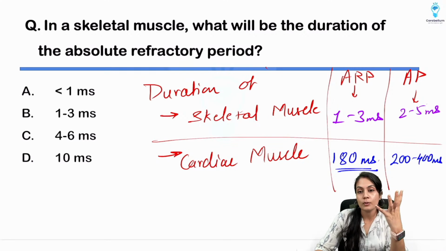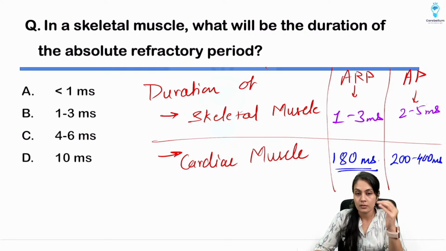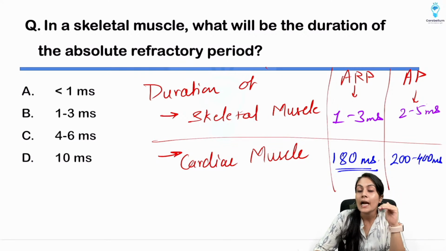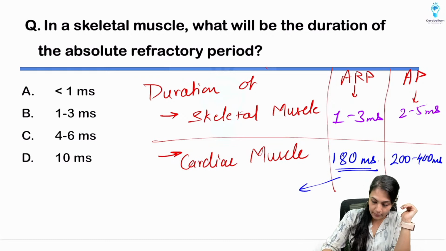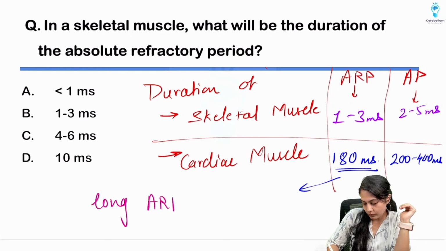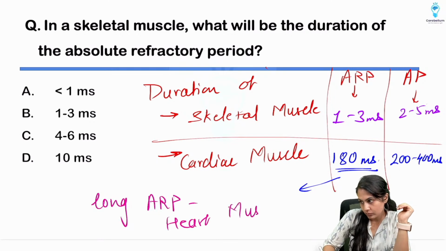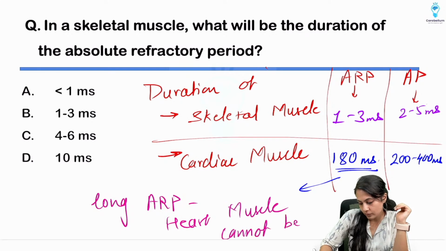There's a lot of difference between the ARP of the skeletal muscle and cardiac muscle, and what is the significance that we have learned? The significance is because of the long ARP, the heart muscle cannot be tetanized.